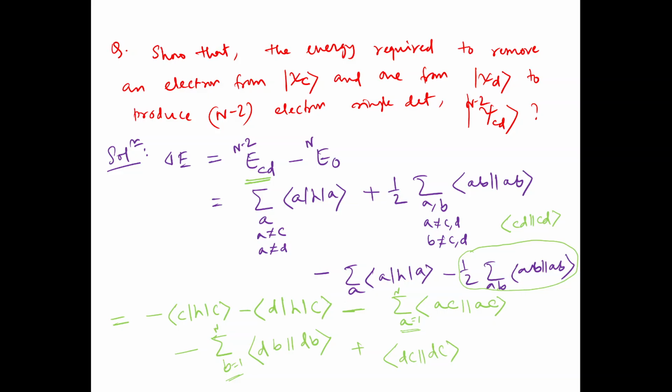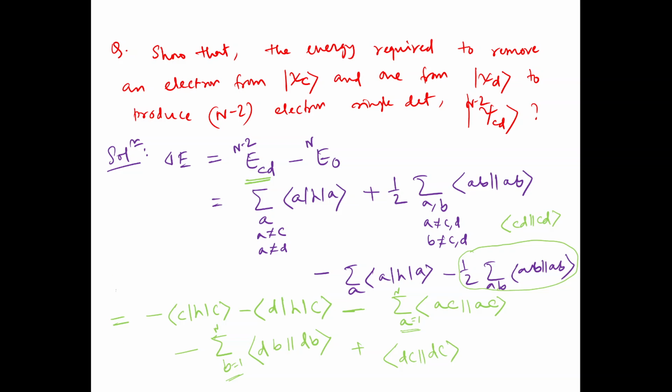But in these two summations that I have written in terms of A and B, we have counted these terms twice. So to keep all the terms that were in the Hartree-Fock, we have to add a DC minus DC here.